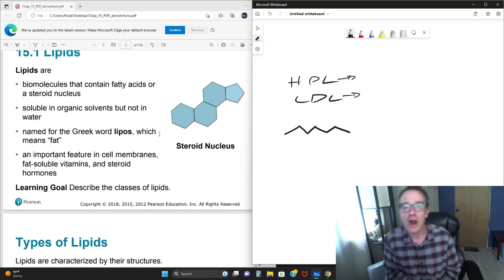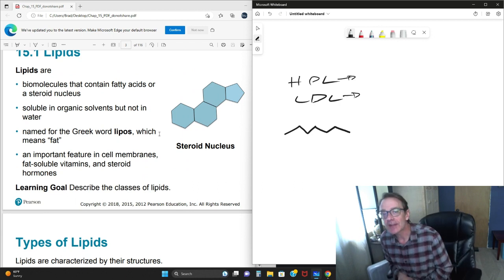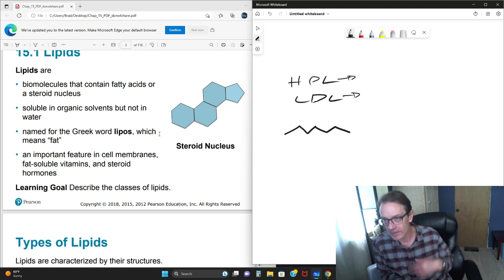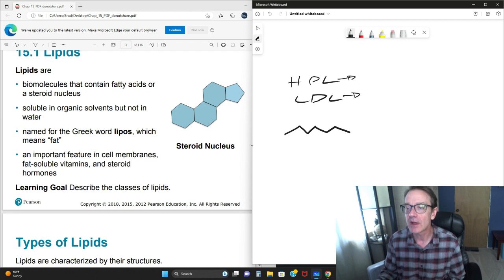Lipids are biomolecules that contain fatty acids, that's the important part, or a steroid nucleus. The steroid nucleus shown here has 3 hexane rings, 6 carbons each, and 1 pentane ring.